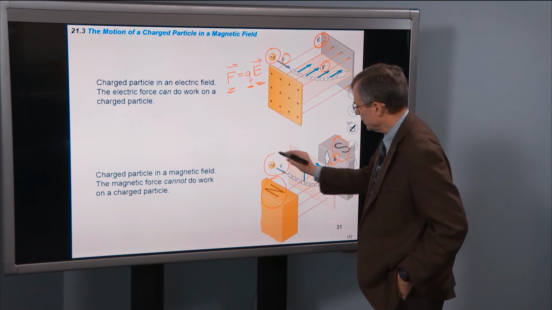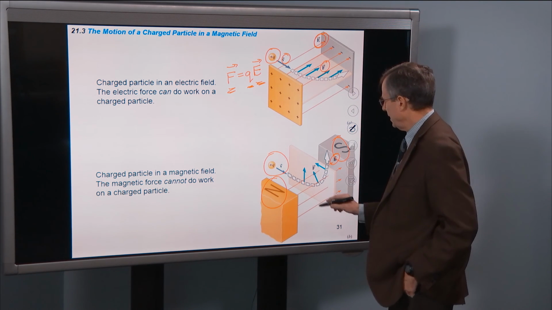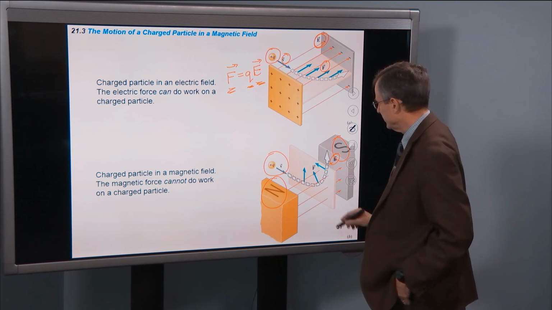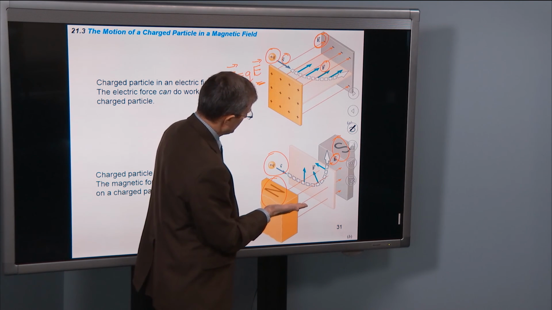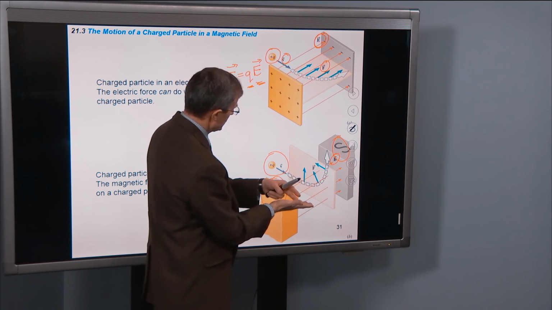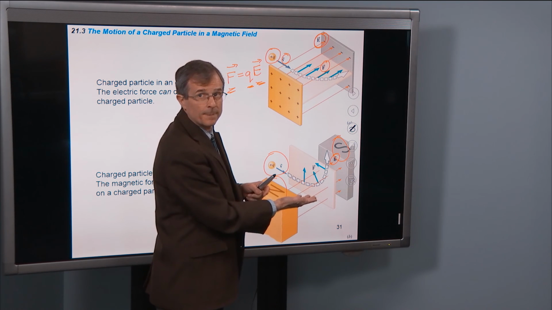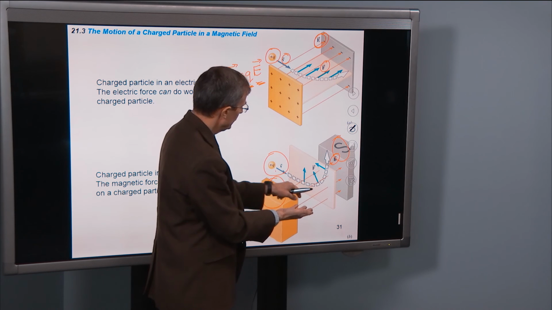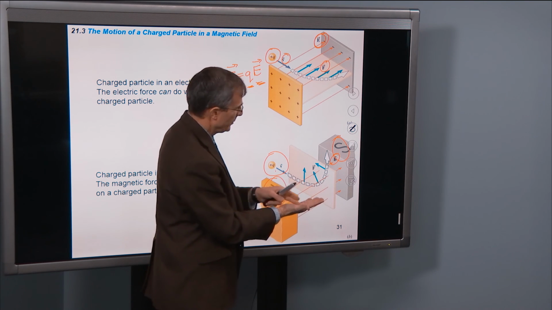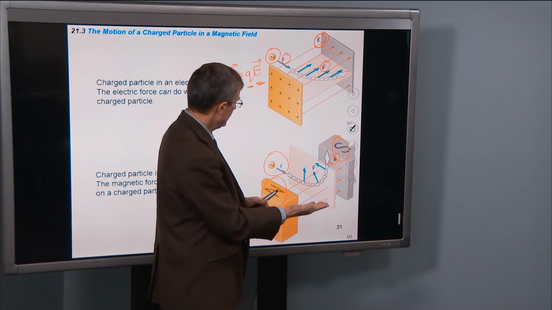And this is our charged particle again, and here's the direction of its velocity. Well, we're going to have a velocity in this direction, a velocity given by my thumb. It's a little hard for you to see. Here's my thumb pointing in the direction of the velocity, and then my fingers pointing in the direction of the magnetic field.